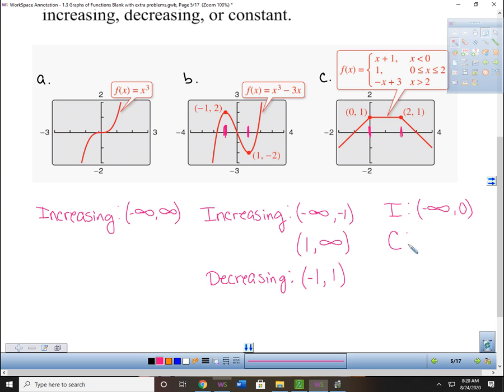I'll put a C for constant. Then your constant, or flat, all the way from 0 to 2. So 0, comma, 2. And then you are decreasing from that x value of 2 all the way to positive infinity, sorry. To the right. Increasing all the way this direction. Decreasing. Okay.